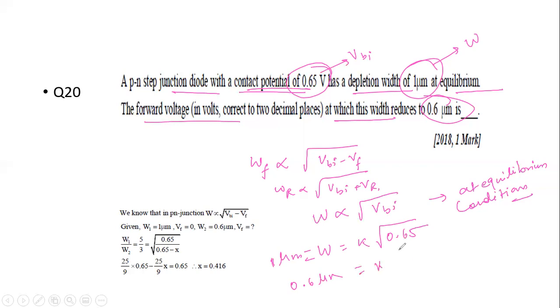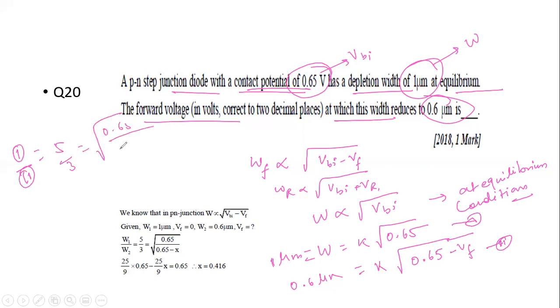Then what is the potential? Let's say it is K into the square root of 0.65 minus VF. Taking the ratio, 1 by 0.6, that is 5 by 3, is equal to the square root of 0.65 upon 0.65 minus VF. So VF is equal to 0.416 volt. The answer will be 0.416 volt.